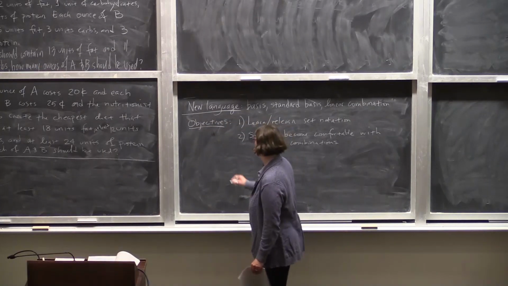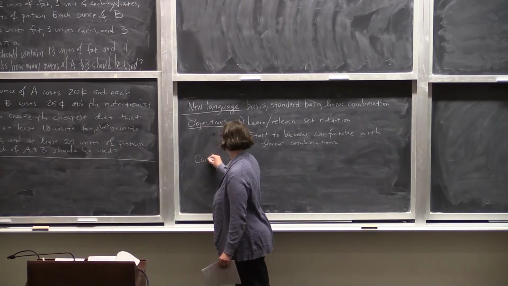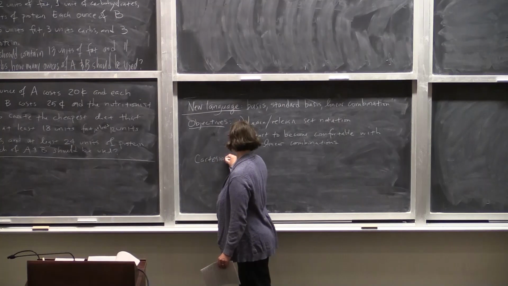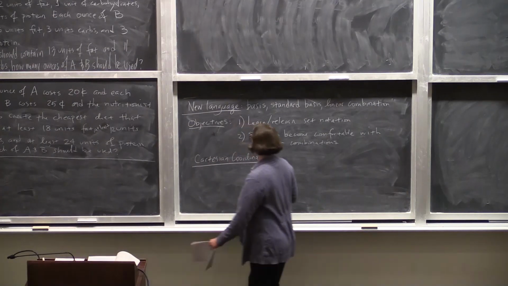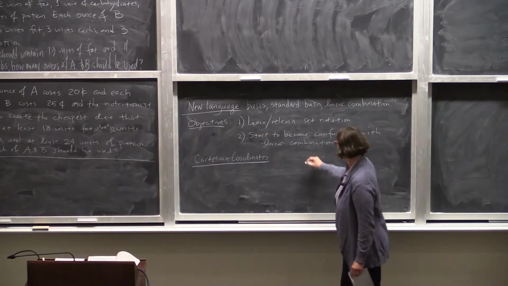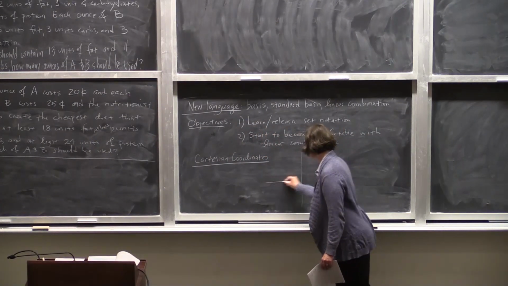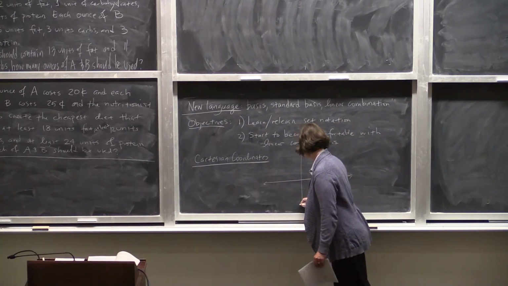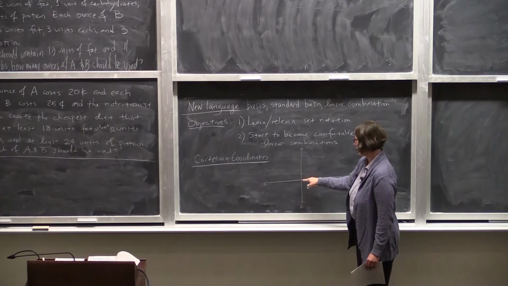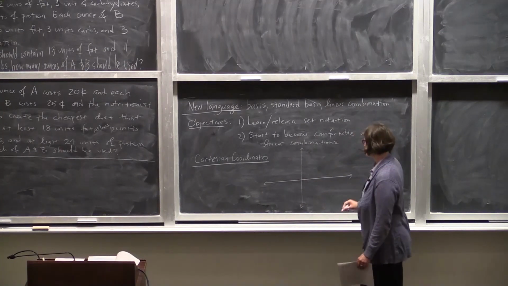So first of all, at some point, you learned about Cartesian coordinates. Cartesian coordinates are for the plane. You have an infinite plane. You have perpendicular axes.